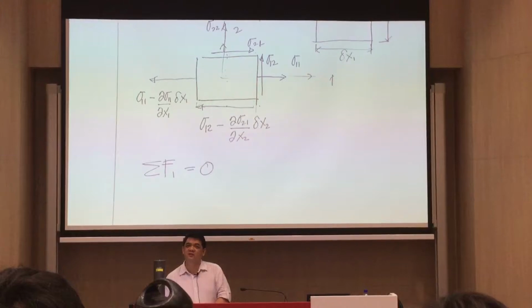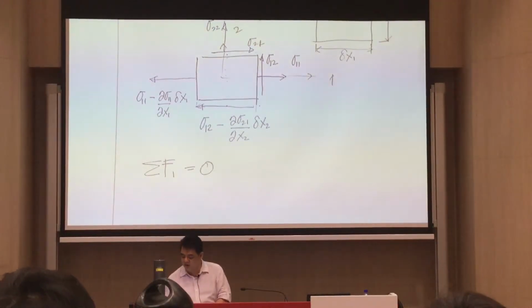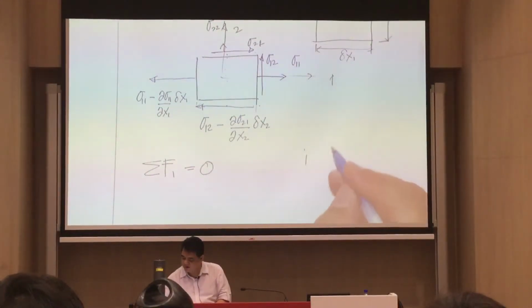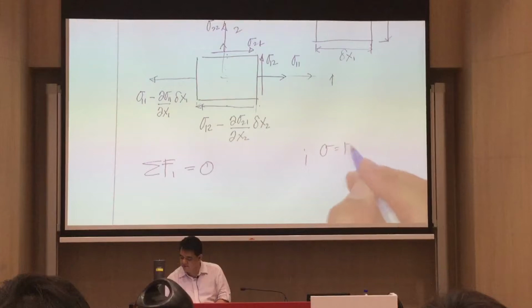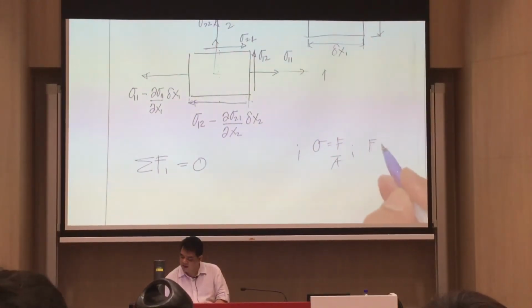So we're going now to sum the forces. Now this one is the stress. What will be your equation of a force? Stress is equal to force over the area, so that your force will be that stress multiplied by the area.